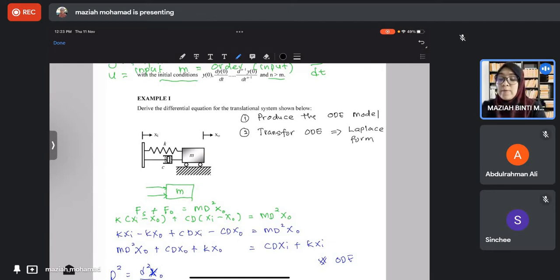Once we have the ODE here, m d squared x naught plus c d x naught plus k x naught equal to c d xi plus k xi, the next step is to convert this ODE into Laplace form.